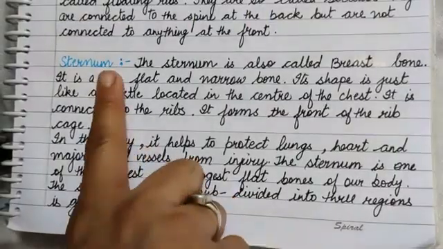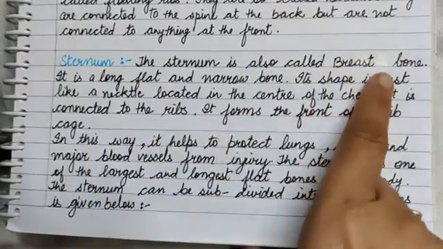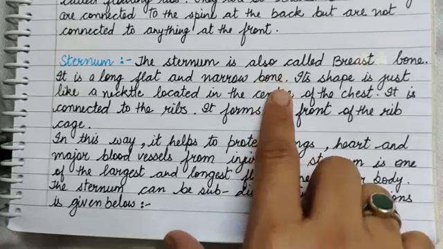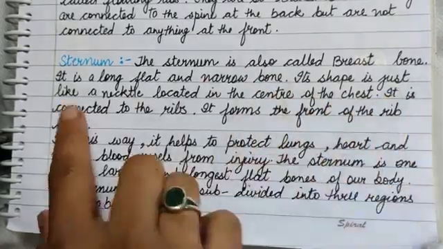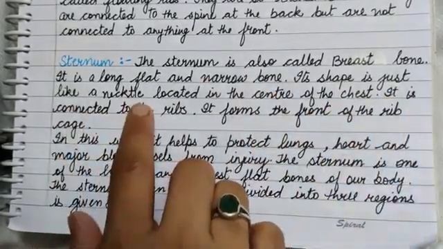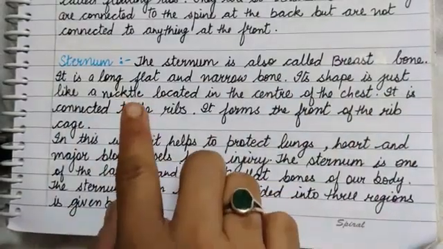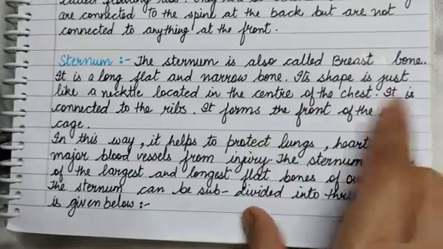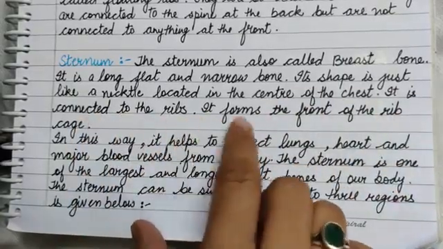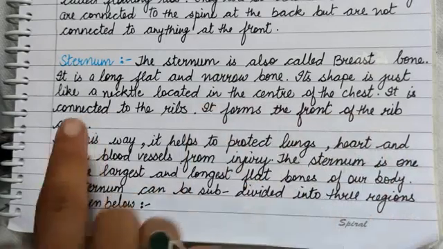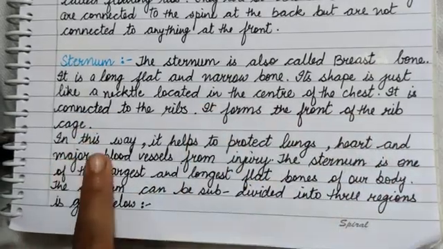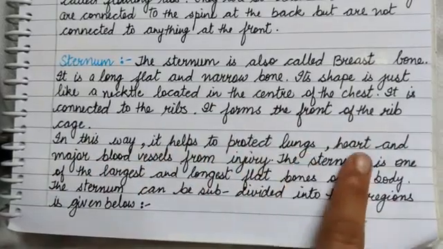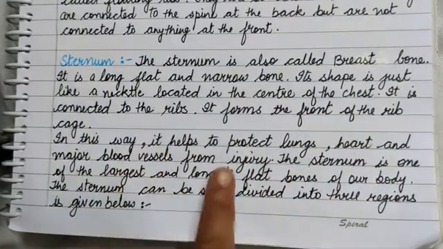Next, sternum. The sternum is also called the breastbone. It is a long, flat and narrow bone. Its shape is just like a necktie located in the center of the chest. It is connected to the ribs and forms the front of the rib cage. In this way it helps to protect lungs, heart and major blood vessels from injury.